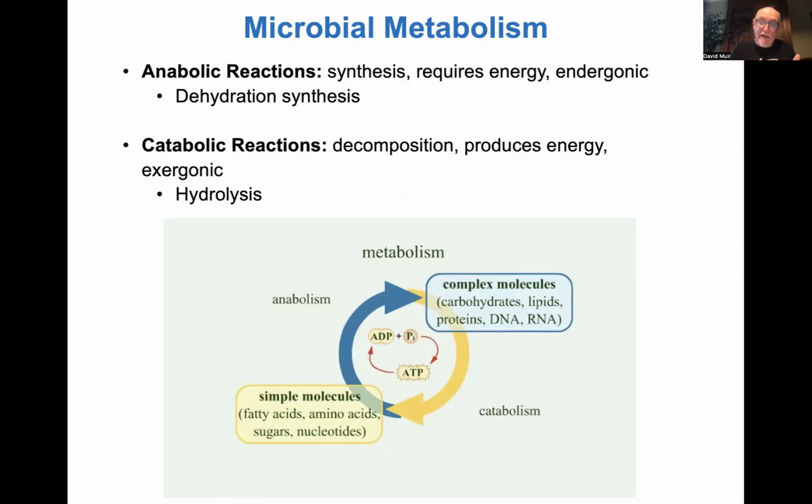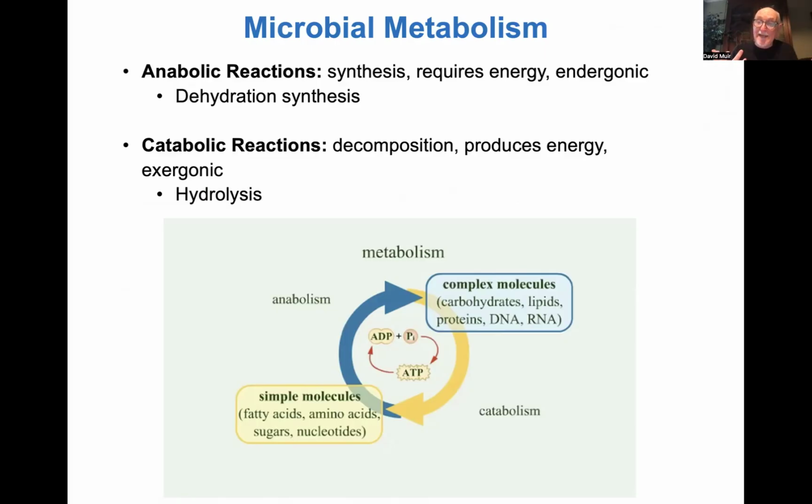The opposite of that are the catabolic reactions. This is how we obtain the energy to do all of the work of the anabolic reactions. The catabolic reactions are reactions of decomposition, and they produce energy. They are exergonic reactions.